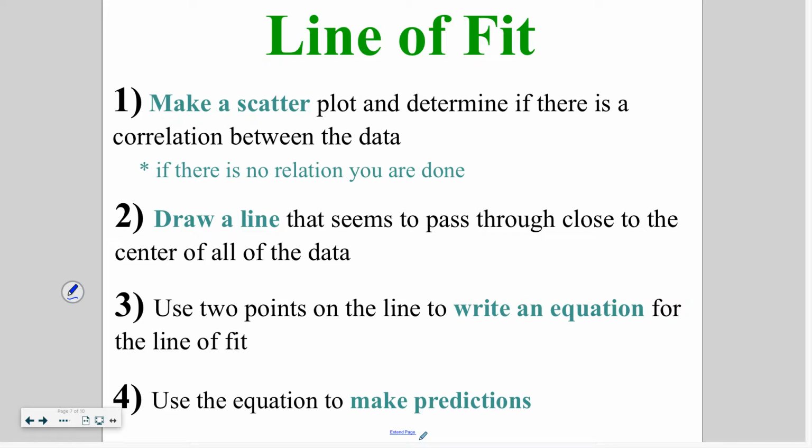Once you have that line, you're going to pick out 2 points on the line and write an equation for that. And then you're going to use that equation to make predictions. When you are writing your equations, this should be in slope-intercept form, so y equals mx plus b format.